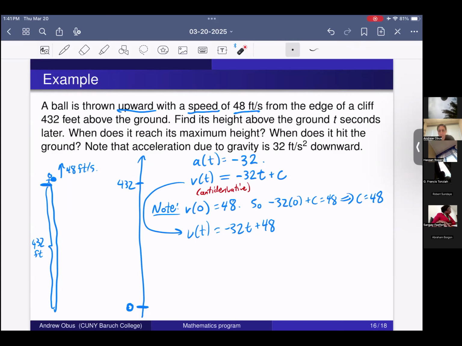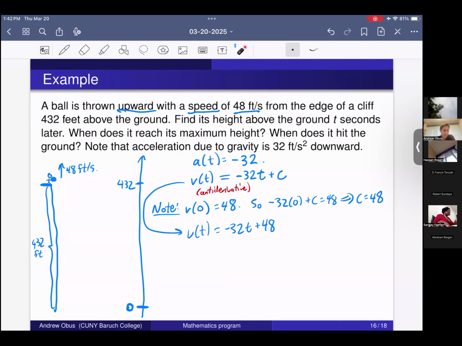Yeah, hello. Robert. Yes, Abraham. So the minus 32 is constant for any object that is moving downward. Yeah, so the acceleration is constant, but the velocity will not be constant. It'll move faster as it falls further. The minus 32 is constant because it's a constant force due to the Earth's gravity. That doesn't change, at least not at the levels that humans do things.